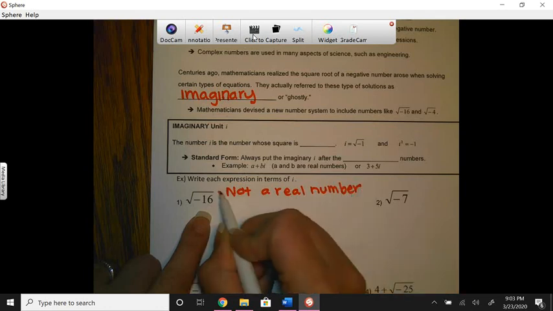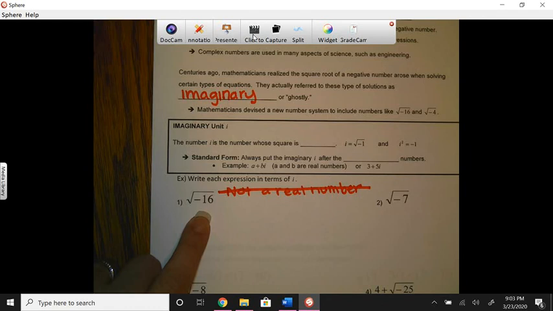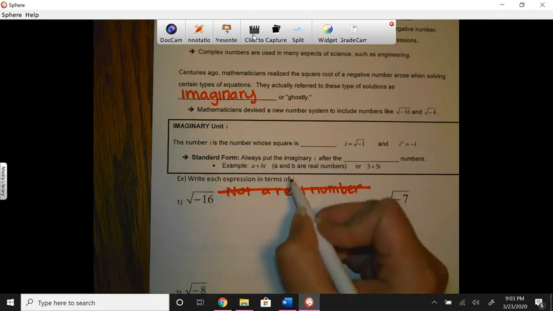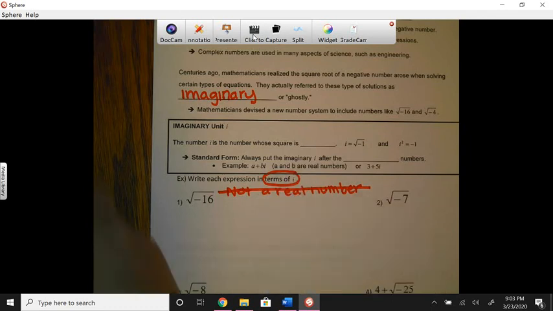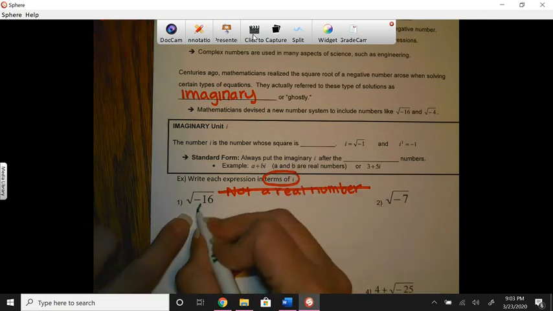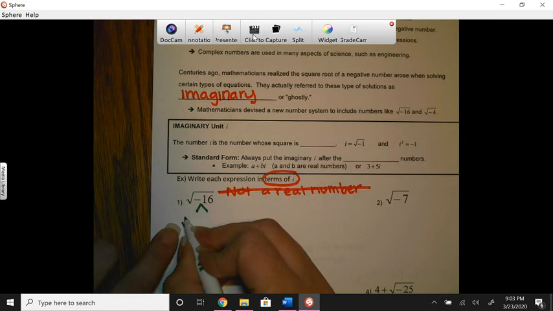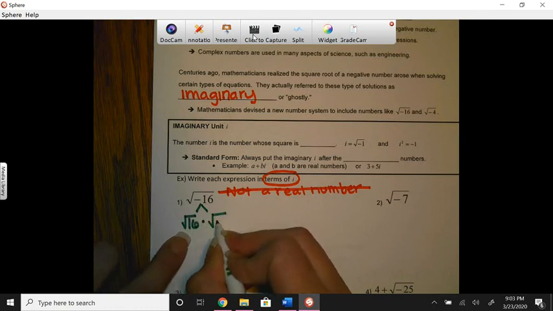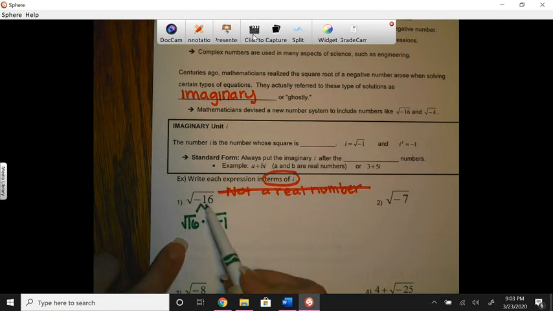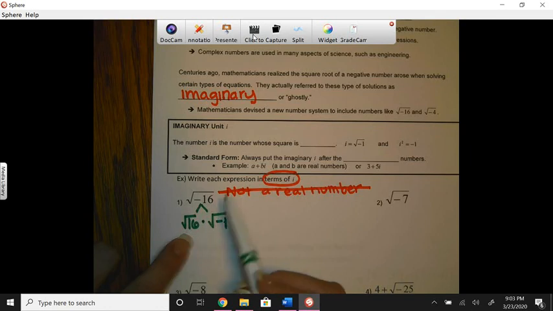However, moving forward, instead of writing not a real number, you'll know to do this because the directions will say in terms of I. So we can rewrite the square root of negative 16 as the square root of 16 times the square root of negative 1. So we're essentially taking the number and making it positive because 16 times negative 1 would get you the number on the inside. So we're going to rewrite it using the square root of negative 1.